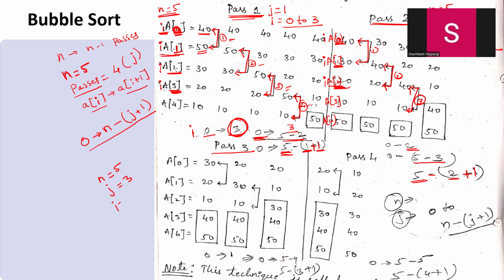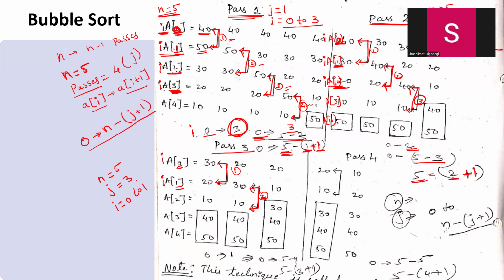Now the range of I will again start from 0. So A of 0 will be compared with A of 1. Then I should be incremented by 1. I will be 1, and A of 1 will be compared with A of 2. So we only need 2 comparisons in this case. The value of I will be from 0 to 1.